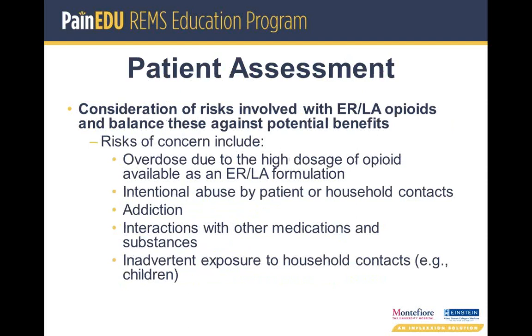From the patient assessment perspective, the blueprint outlined a lot of detail about consideration of risk and how to balance that against the potential benefits, as you could see. One thing that did pop up on the radar screen and that became a very key point of this was inadvertent exposure to household contacts.